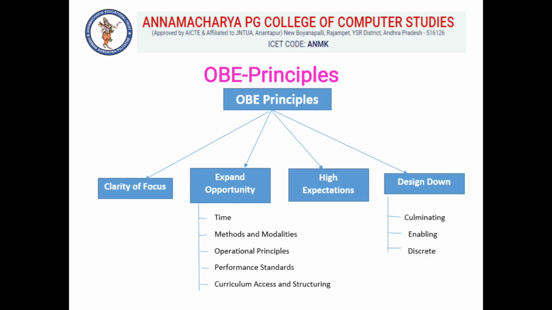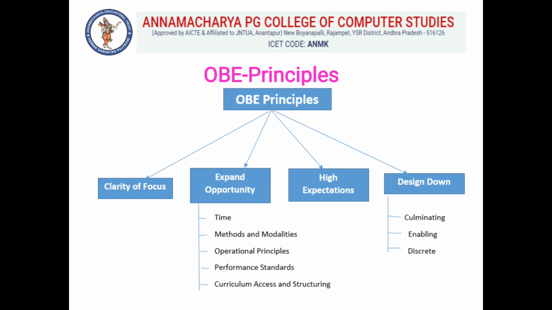The outcome based educational principles have the following layouts. The clarity of focus we already know. The second one is expand the opportunity: here the time, methods and modalities, operational principles, performance standards, curriculum access and structures.